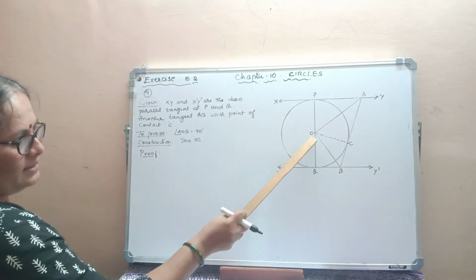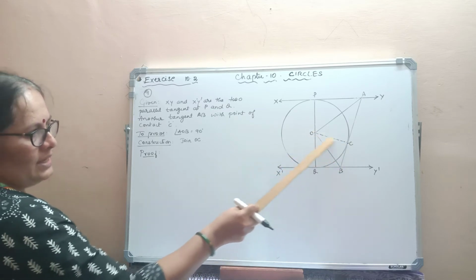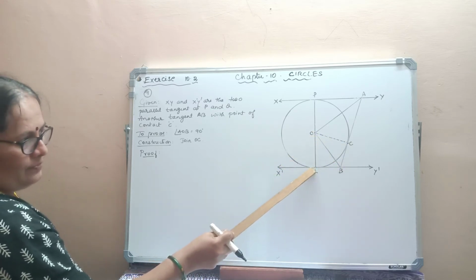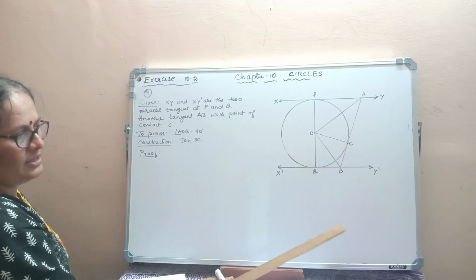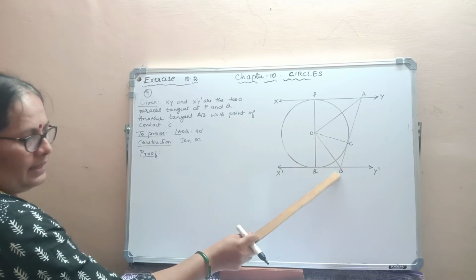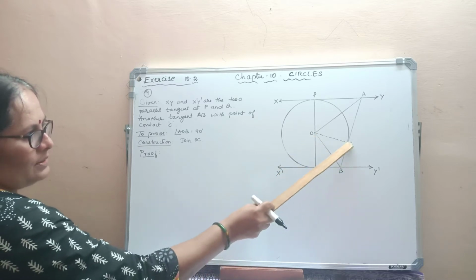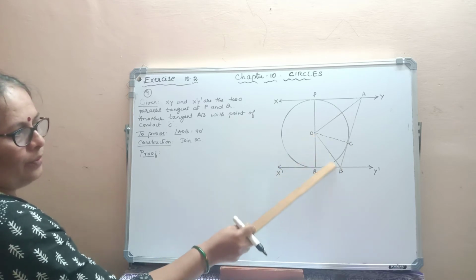Similarly, in this quadrilateral QBCO, OC equals OQ, radii of the circle. BQ equals CB, so tangents are equal. OB is the common side, so triangle COB is congruent to triangle QOB.